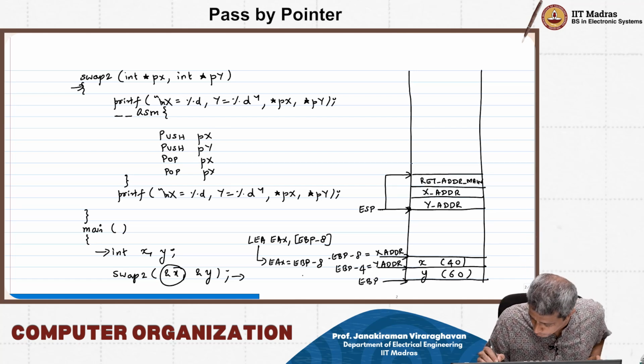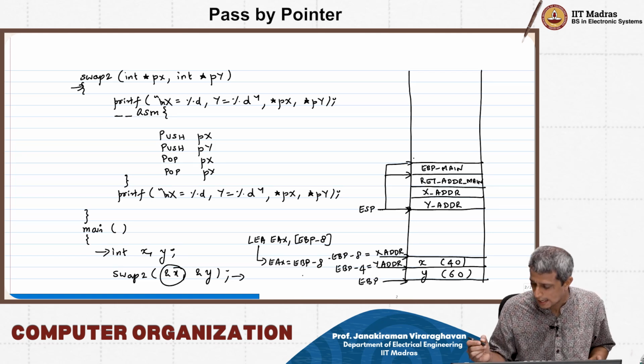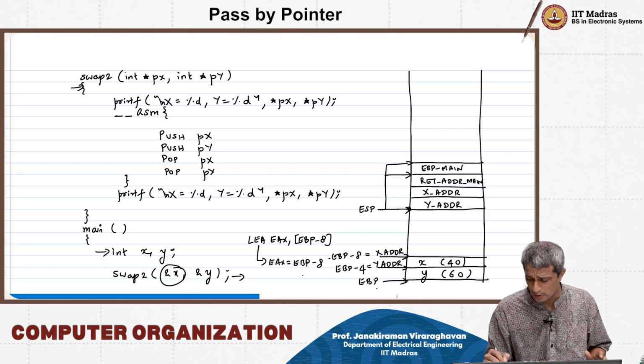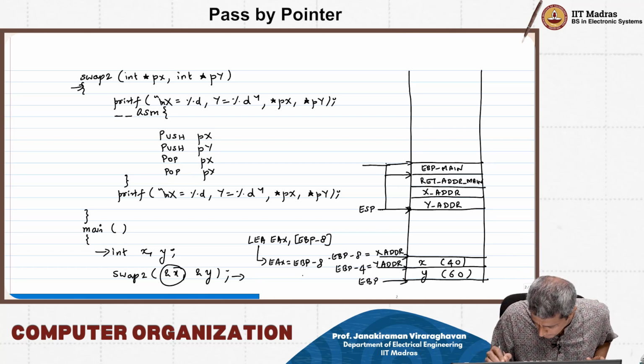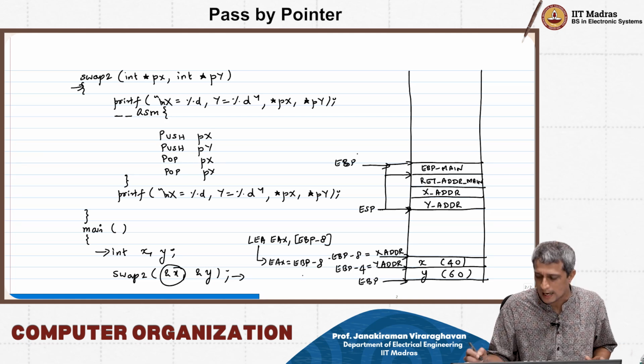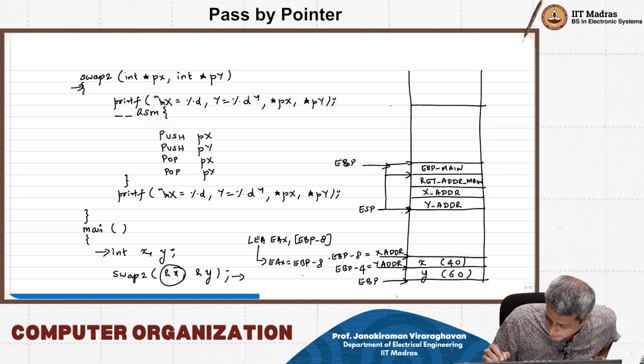The first thing you do is to push EBP of main onto stack, right? And then you are going to move your EBP up. So EBP will then be made to point here, right? And then ESP will be subtracted so that you get local variable space for the function swap2.